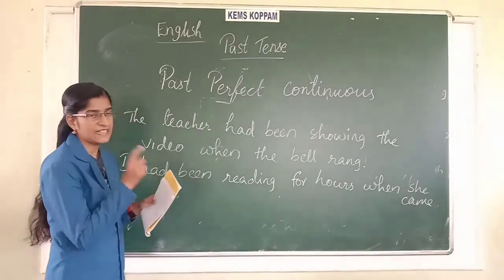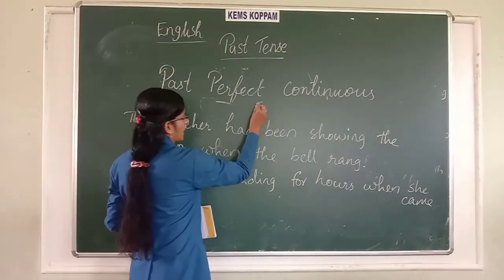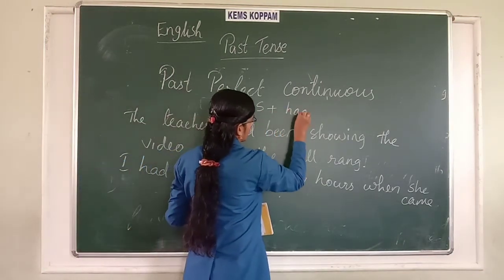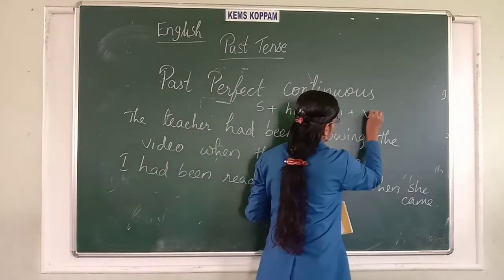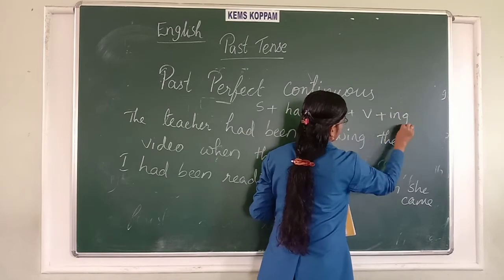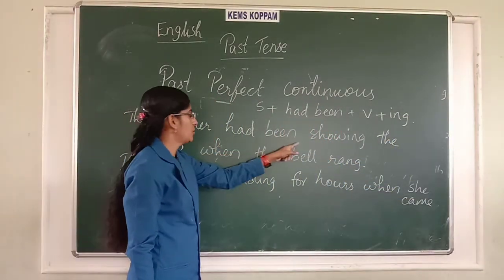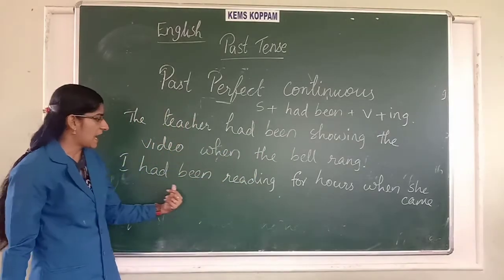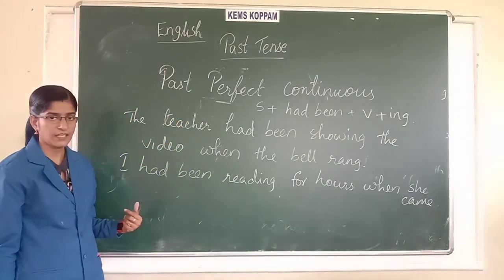So what is the sentence structure in past perfect continuous? Subject plus had been plus verb-ing.